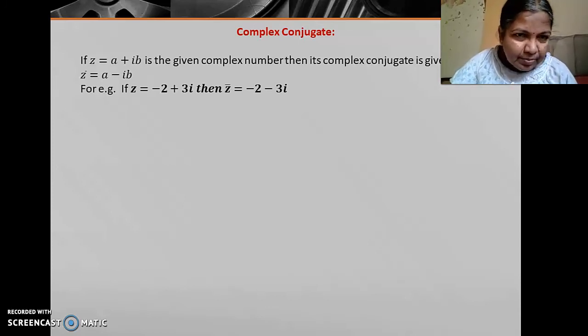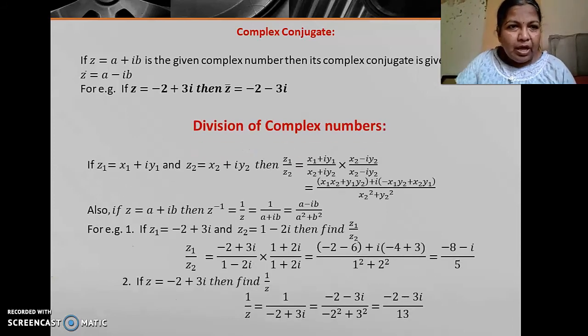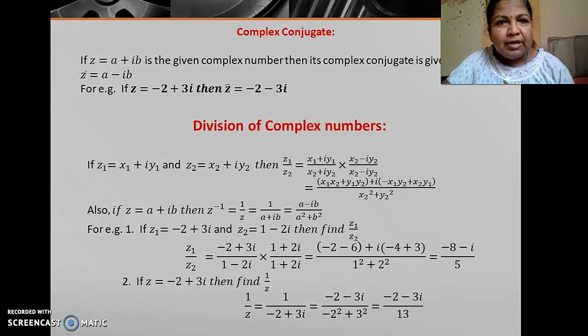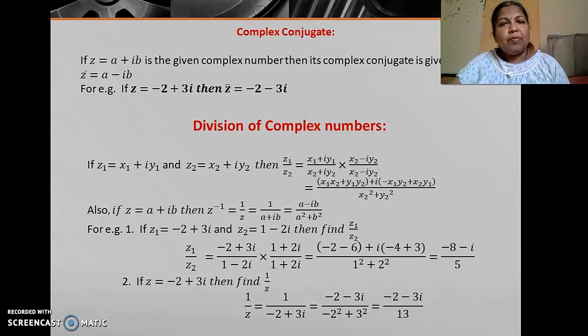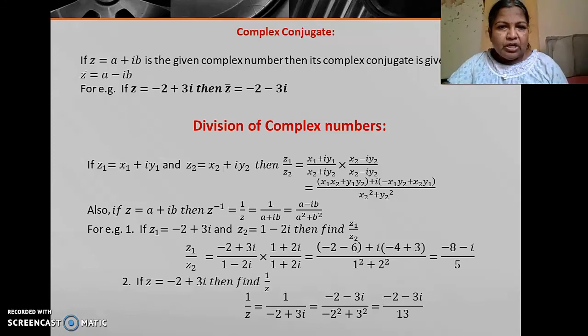So if I have Z, a complex number a plus ib, then Z bar is the complex conjugate, and it is given by a minus ib, that is, change the sign of the imaginary part. And so for the complex number Z, which is minus 2 plus 3i, Z bar becomes minus 2 minus 3i.